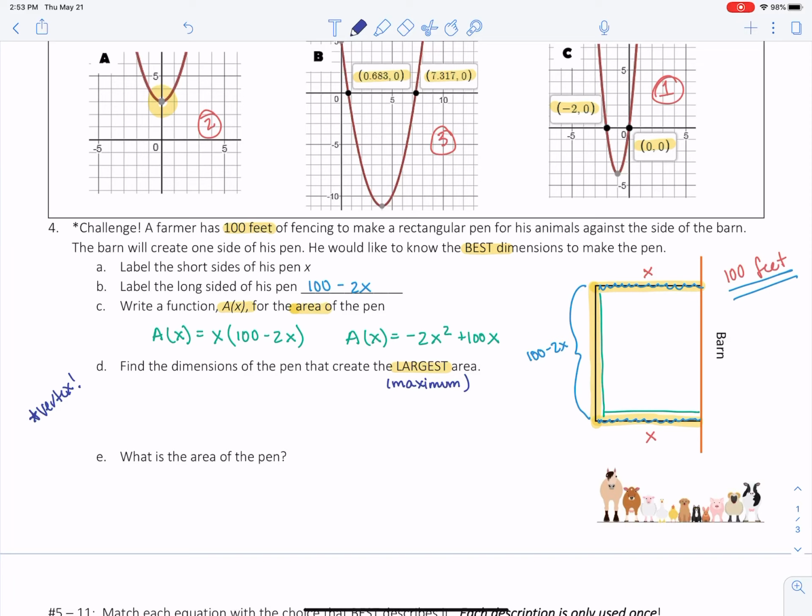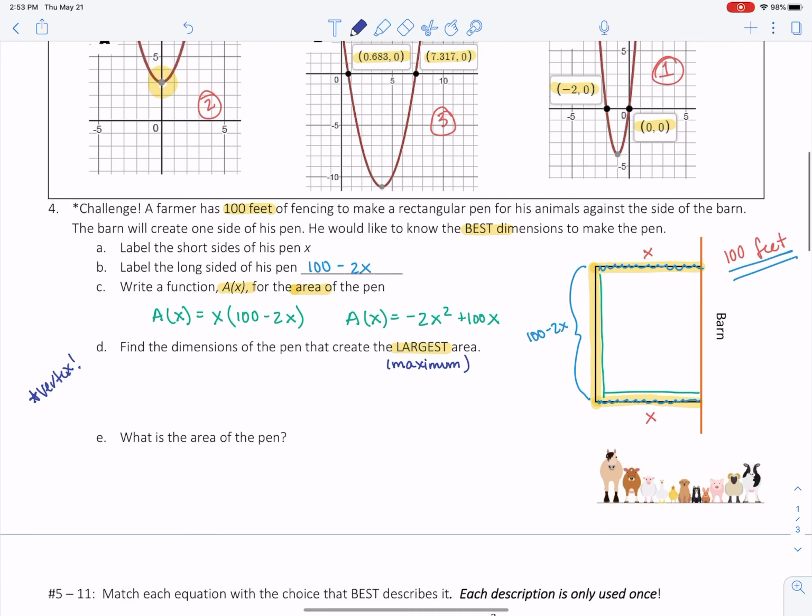So this is why quadratics are so cool and helpful, is that we can find the vertex of A of x. I'm going to write A of x again here. A of x is equal to negative 2x squared plus 100x.